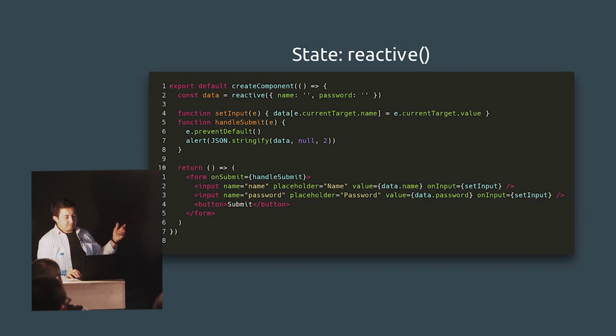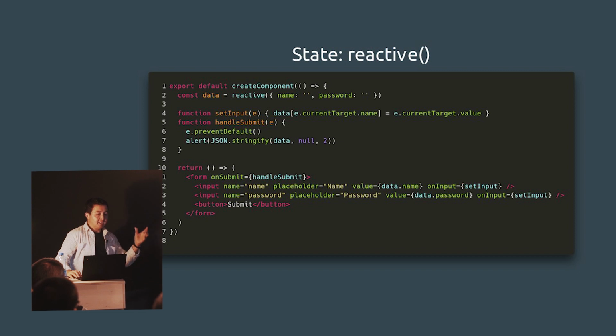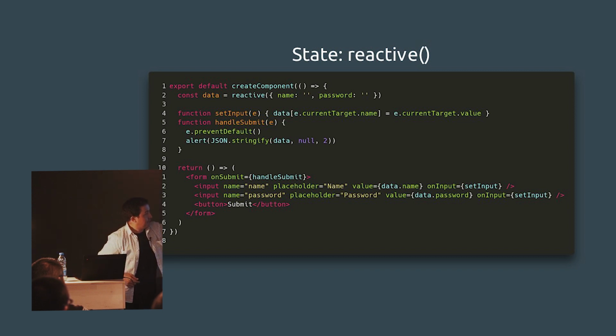So reactive is kind of like the same as value. The difference is that instead of only having one key, one value, you can have a lot of values. Like here, we will have name and password.